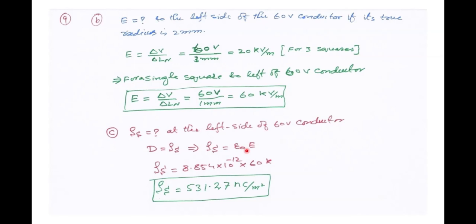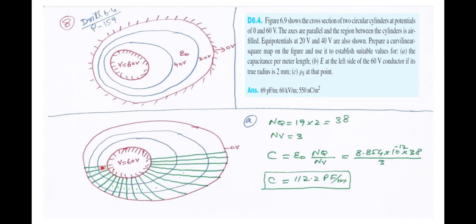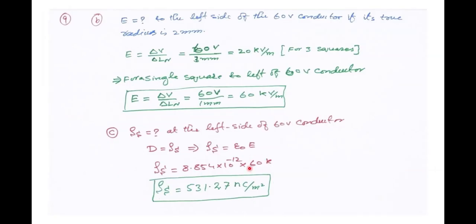So rho s is equal to epsilon naught E, and we found this value on the left side of the inner conductor, very close to the inner conductor. The electric field value is 60 kilovolt per meter. So we obtain the surface charge density 531.27 nanocoulomb per square meter.